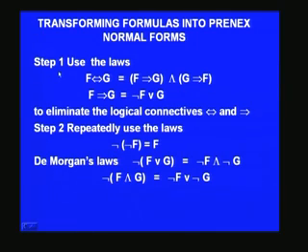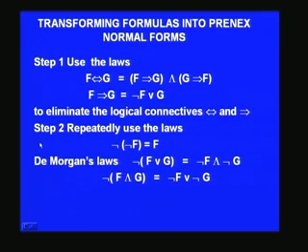If you want to transform any well formed formula of the first order logic into Prenex normal form, the first step will be to use the laws: if f is equivalent to g, you replace it by f implies g and g implies f, and if you have f implies g, you replace it by not f or g. By this you will be eliminating the logical connectives, equivalence and implication.